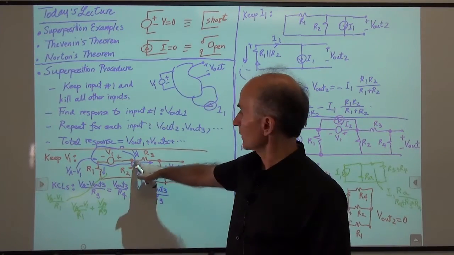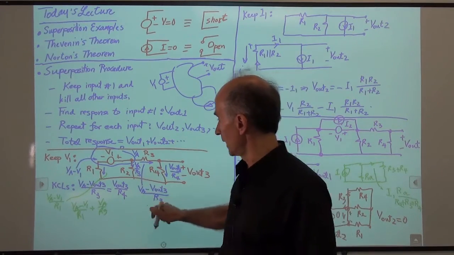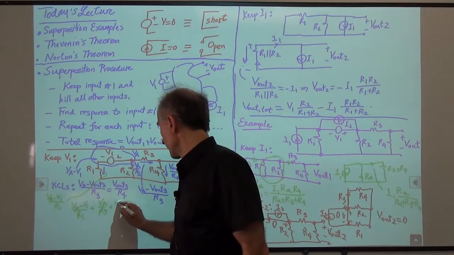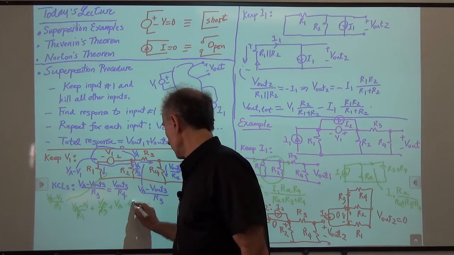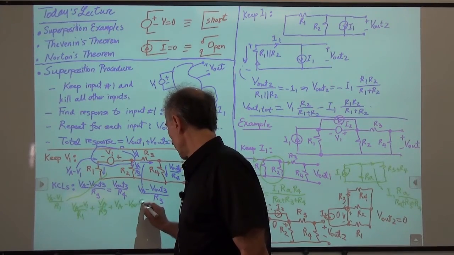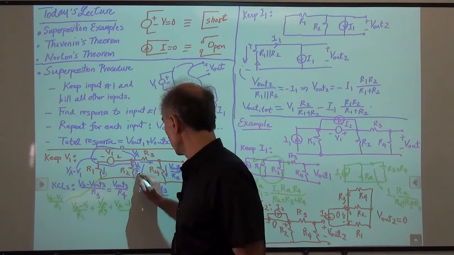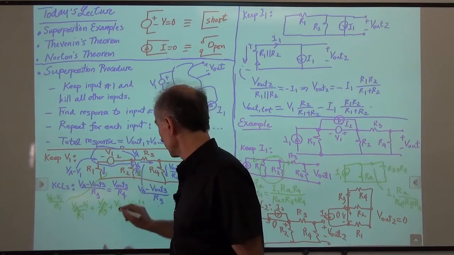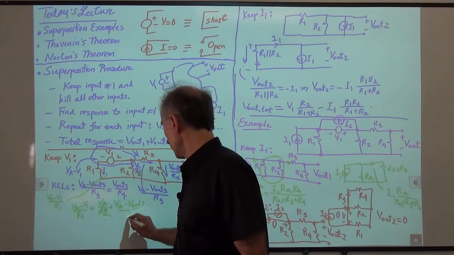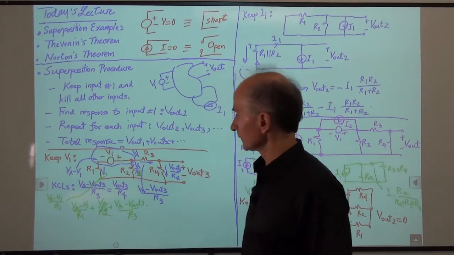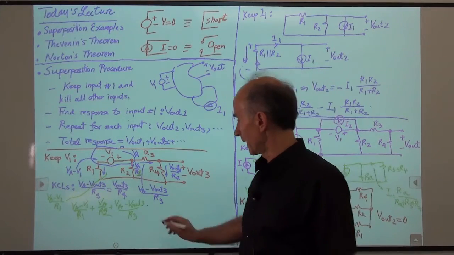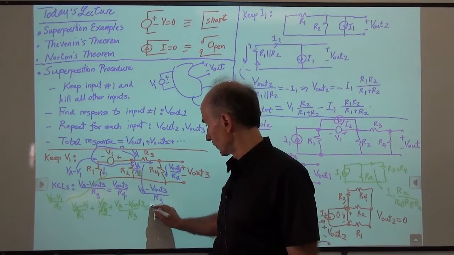And then this one is also coming out, that's VA minus V out 3 divided by, sorry, this should be R2. Should be R2, this should be R2, this is R3. Okay, and all of these have to add up to 0.